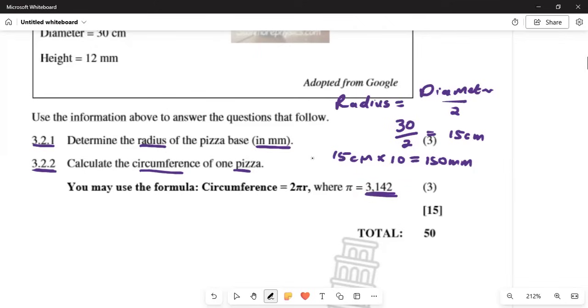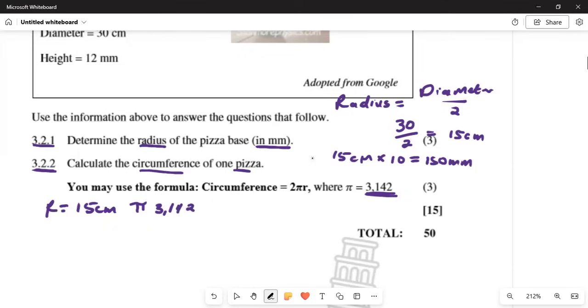So we must substitute the radius there. We know it is 15 centimeter. And then the pi is given, that is 3.142.